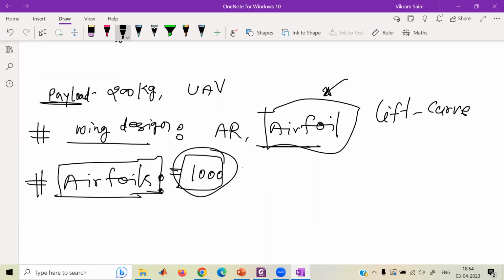You say we need the coefficient of lift, CL, not the lift, because lift will be different when you are flying at a different speed, right? So the notation we use is CL, CD. Those are the properties. CM, and its variation with angle of attack, we need as the flight mechanics group.